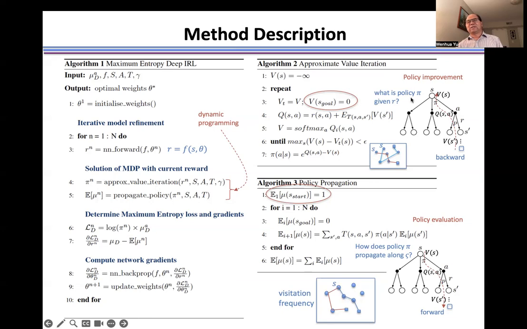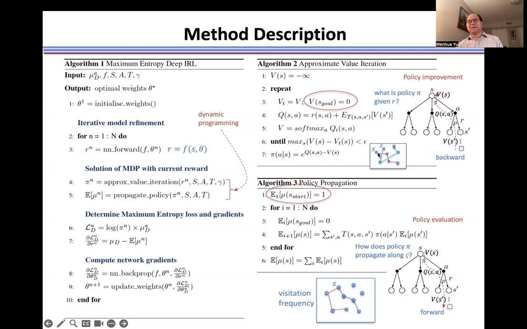The first step is the policy improvement. That means from all the possible terminal states in a backward pass, we calculate the expected Q at the state S and the selected action A. And then we also calculate the expected state value function at the state.